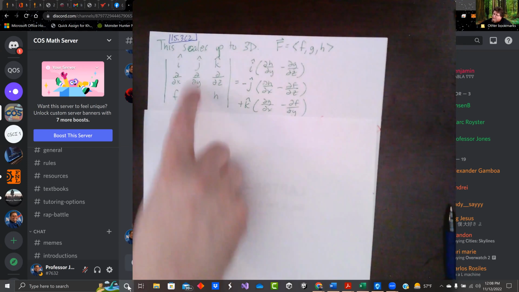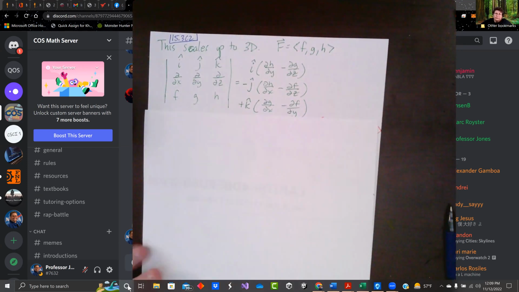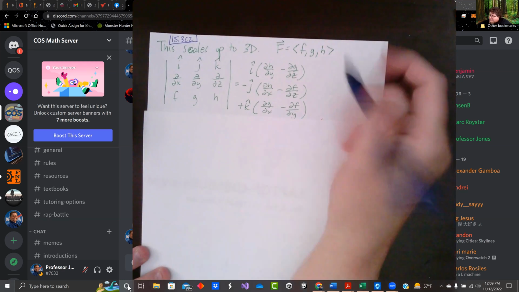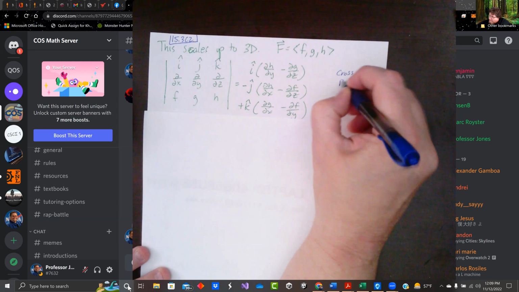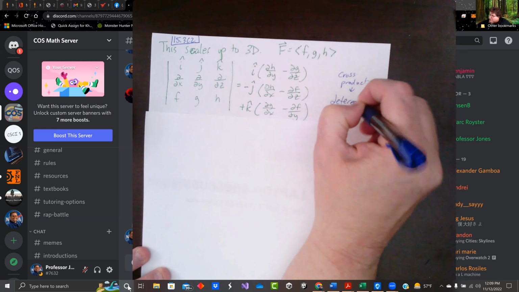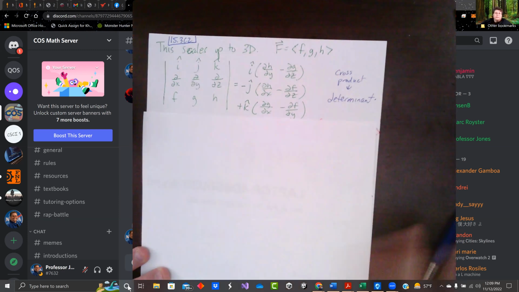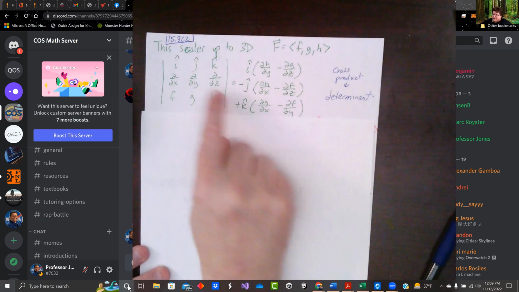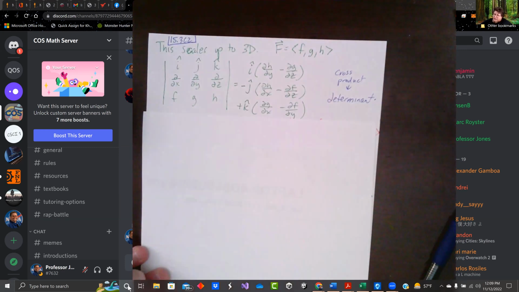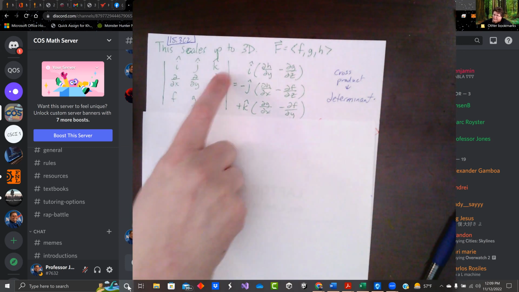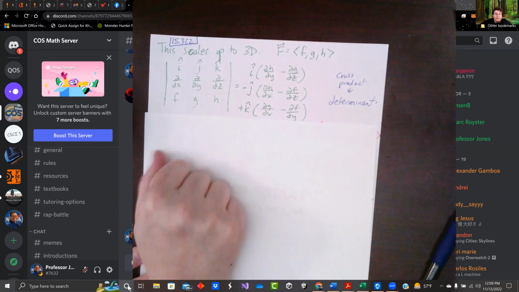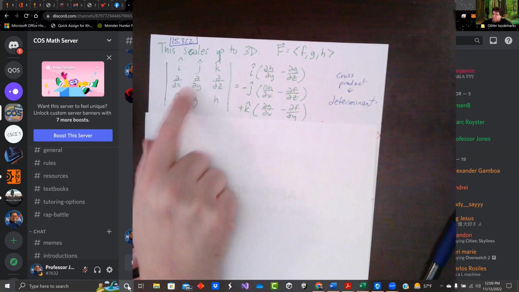If you write out the determinant of this, which is what it's called when we do the cross product, the cross product is a determinant, again a linear algebra term. We've got dh dy minus dg dz for i. Negative j will be dh dx minus df dz. And k will be what we had for the rotation, dg dx minus df dy.